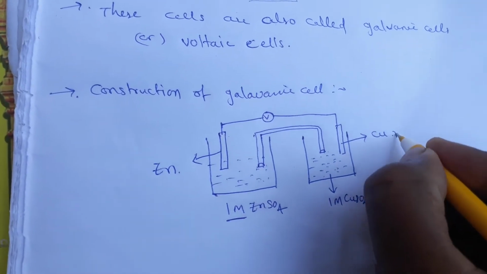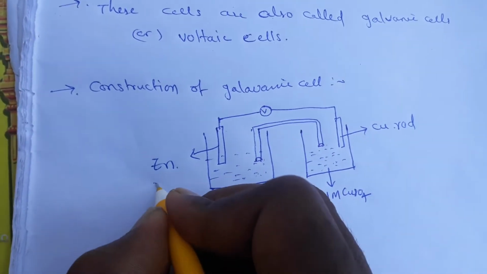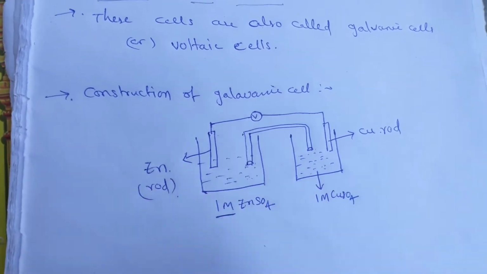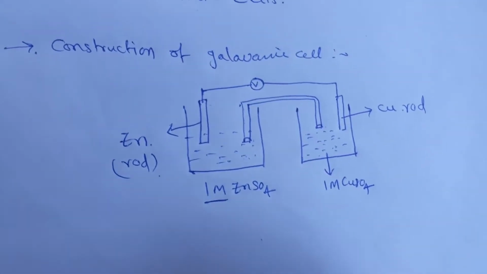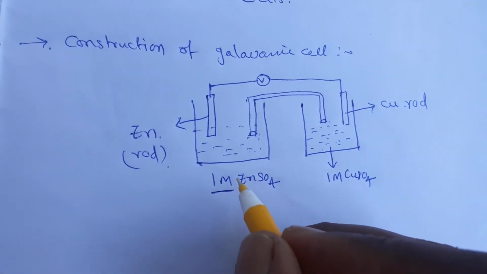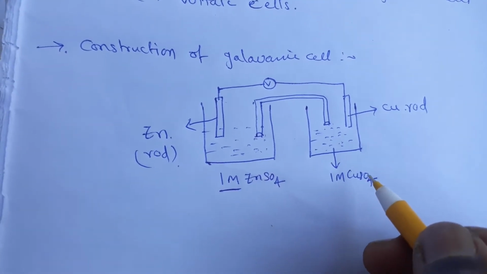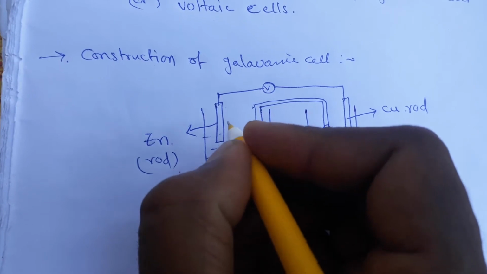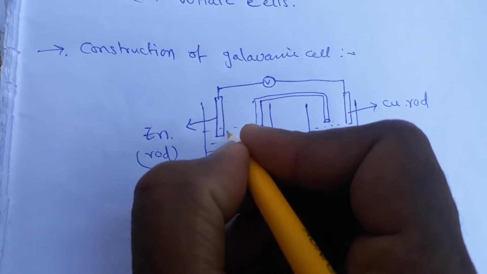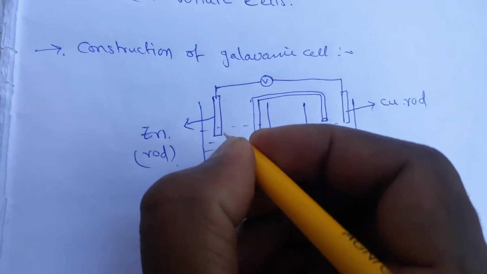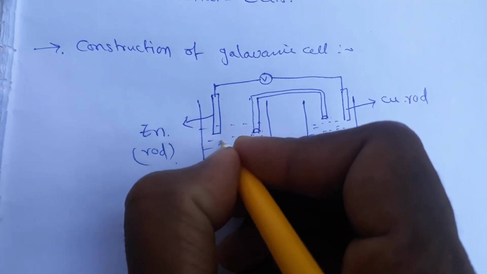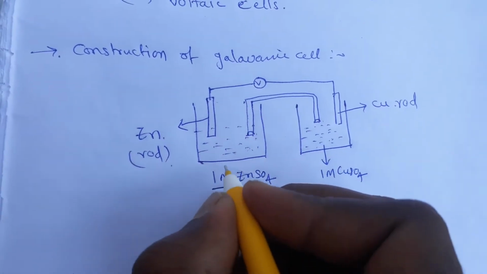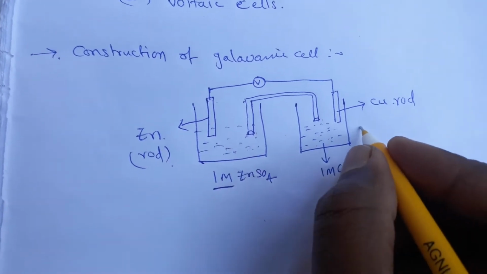This is a copper rod, or copper electrode. So here zinc undergoes oxidation and copper undergoes reduction. That means zinc goes through oxidation here, and here it is reduction.